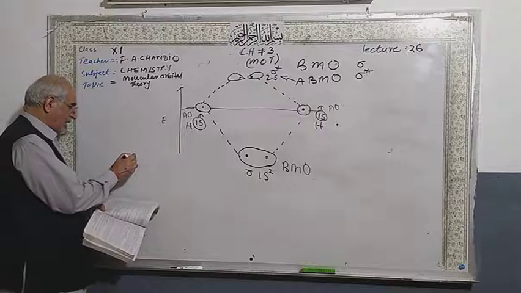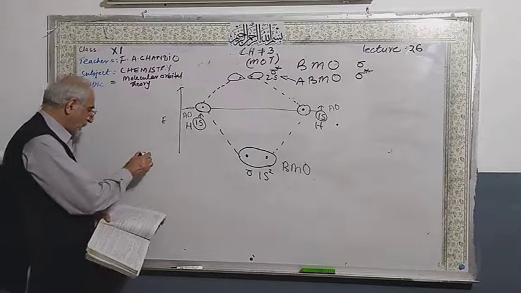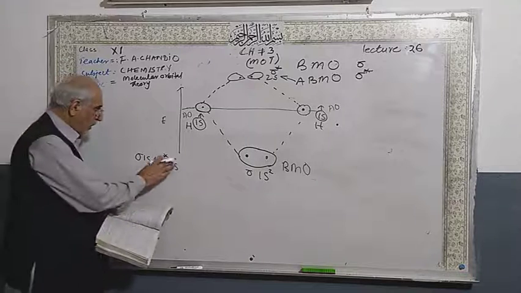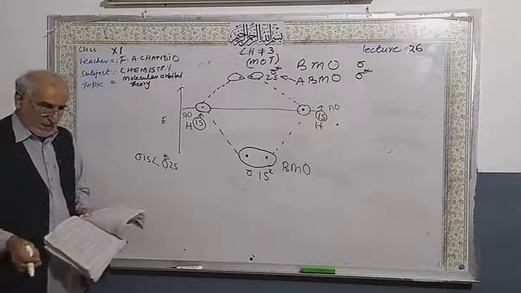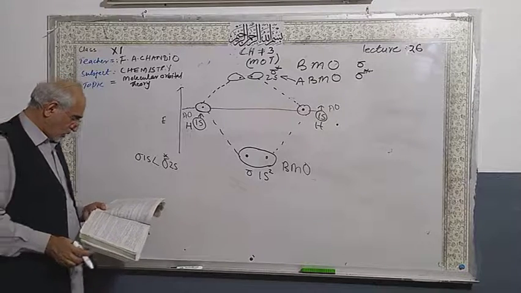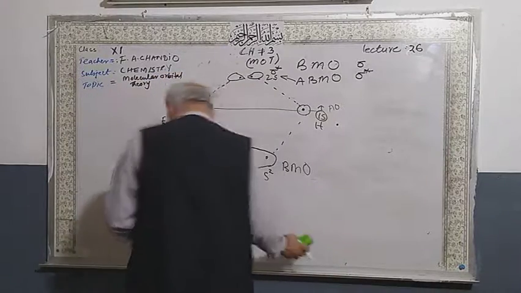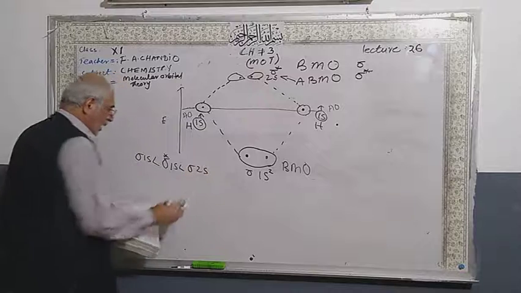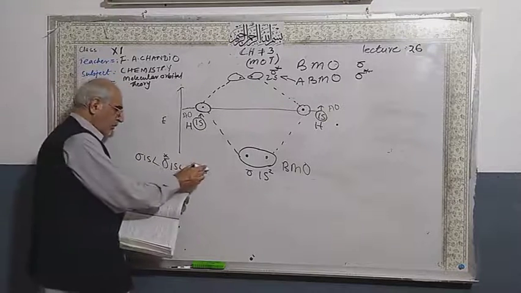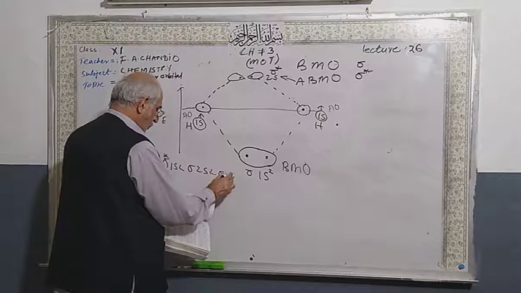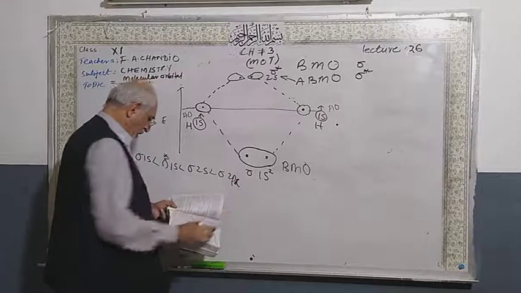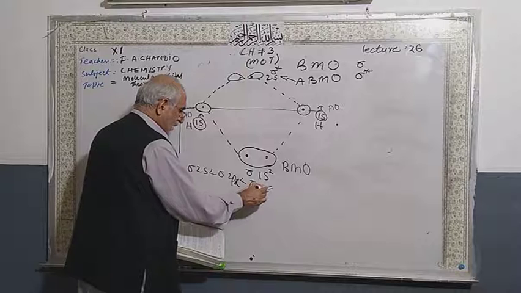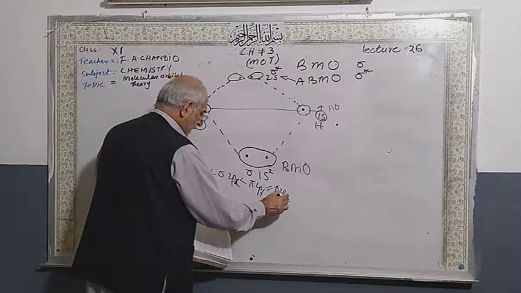Students, first of all, you have to fill sigma 1s, then sigma star 1s, then sigma 2s, sigma star 2s, then sigma 2px, then pi 2py and pi 2pz.